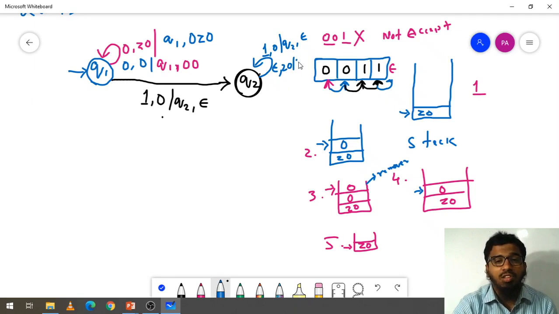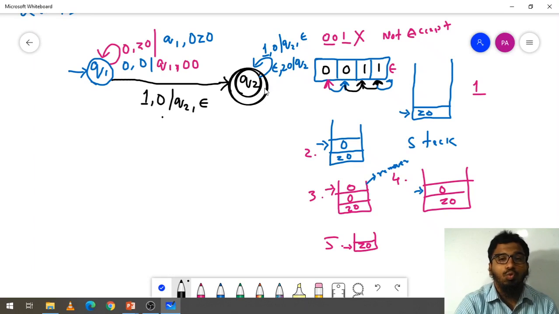Whenever we have this, then it will go to the final state. So what is our final state? This only, Q2. The last point is epsilon. Epsilon comma Z0 is going to Q2 on epsilon. So this is the final state, we got it.